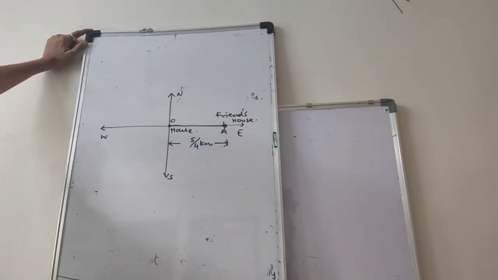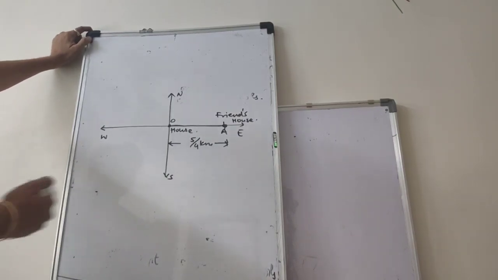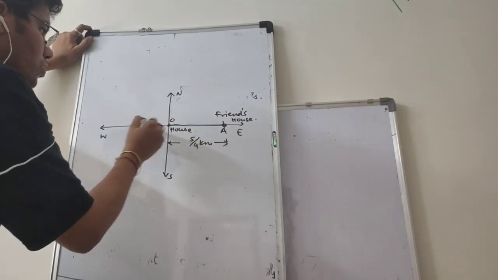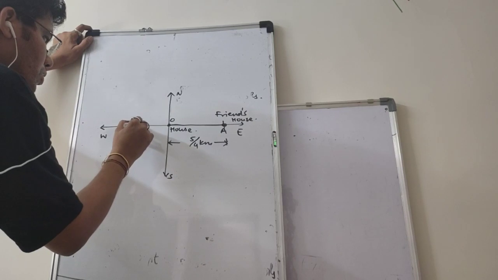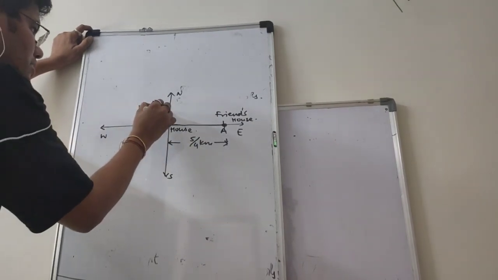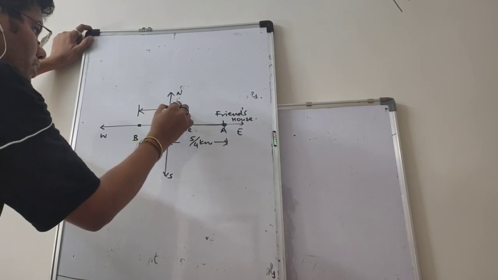Now after that it travels 17/6 kilometer towards west to the market. So from point A in the west direction, that distance is 17/6 kilometer.